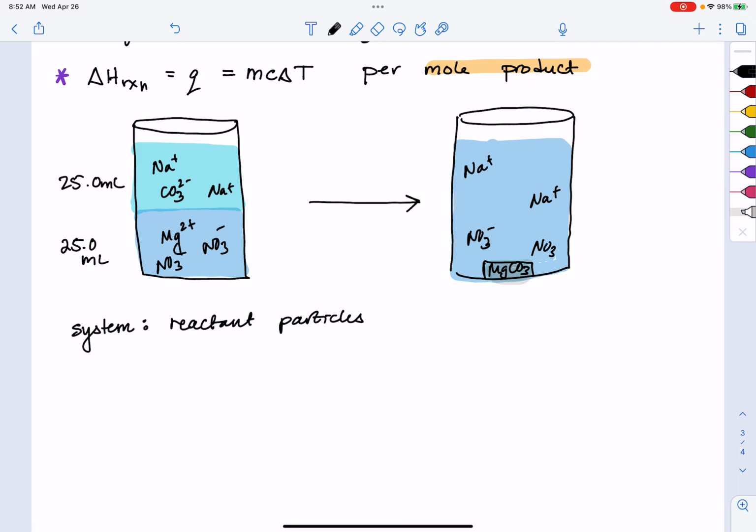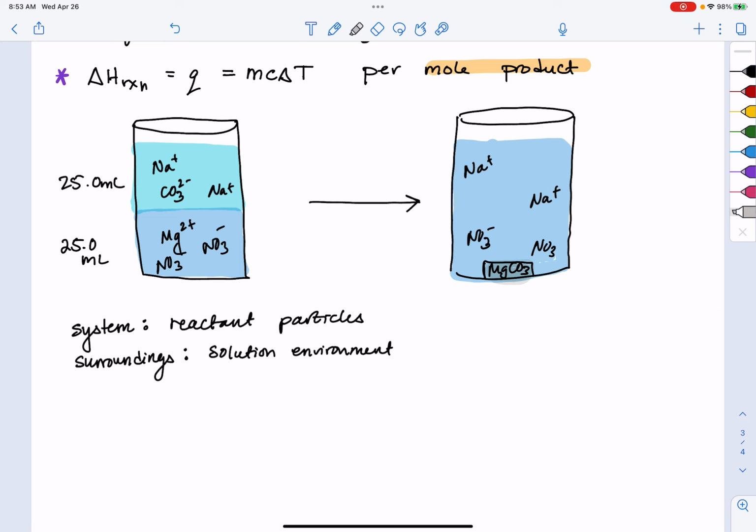These are the things that are actually undergoing some kind of chemical change, which means that the surroundings is going to be the solution environment in which those reactant particles are found.